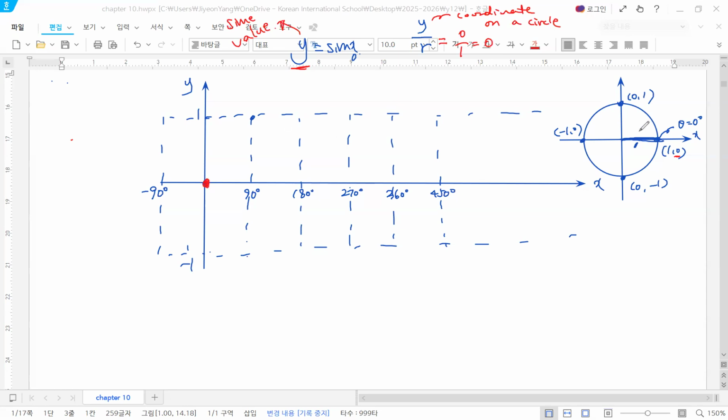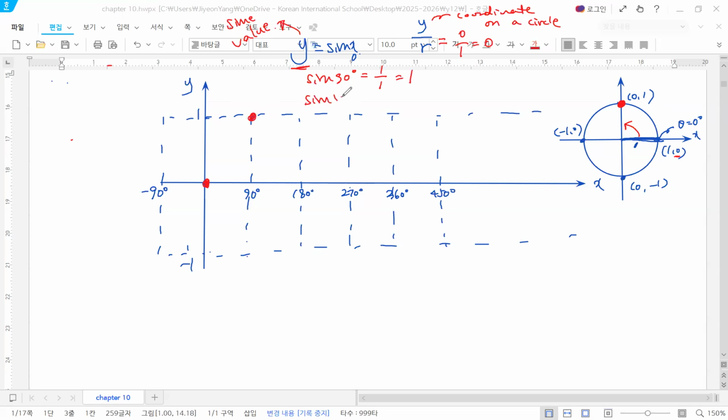And when the angle is 90 degrees, which means here, then the sine value is... I'm not going to use y here, okay? Just sine 90 degrees equals the y coordinate, which is 1 over r. Here, 1 over 1, so therefore it's 1.